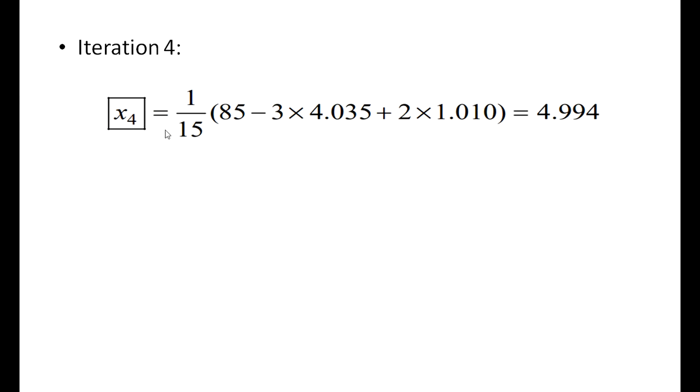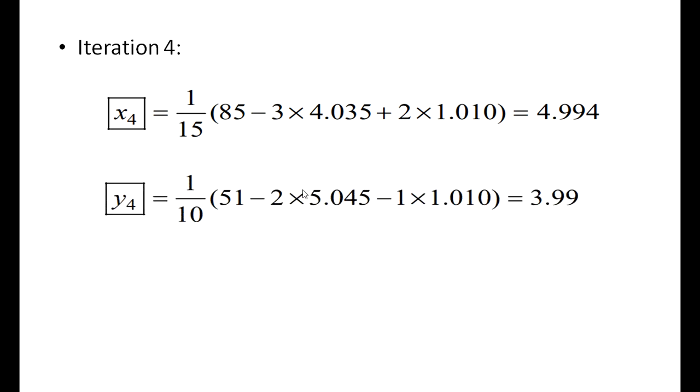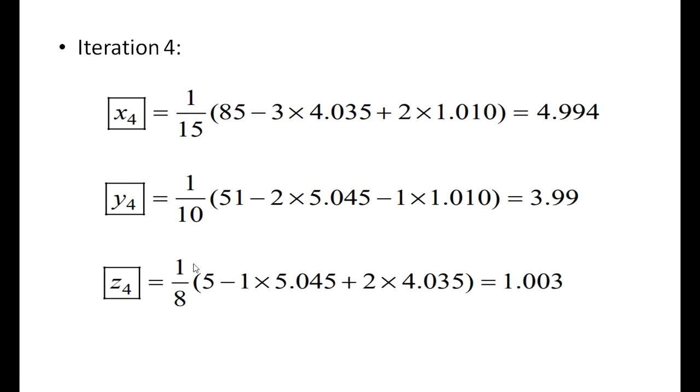Now take the respective values of iteration 3 in iteration 4. So iteration 4, x4 is equal to 1 upon 15 in bracket 85 minus 3 into 4.035 plus 2 into 1.010, which is equivalent to x4 is equal to 4.994. y4 is equal to 1 by 10 in bracket 51 minus 2 into 5.045 minus 1 into 1.010, which is equivalent to 3.99. z4 is equal to 1 by 8 in bracket 5 minus 1 into 5.045 plus 2 into 4.035, which is equivalent to 1.003.